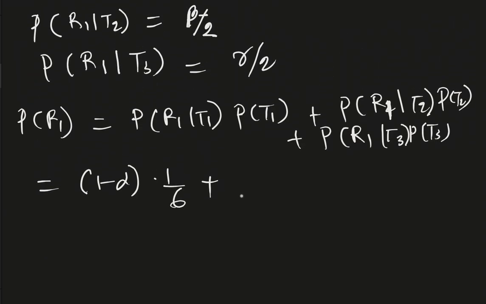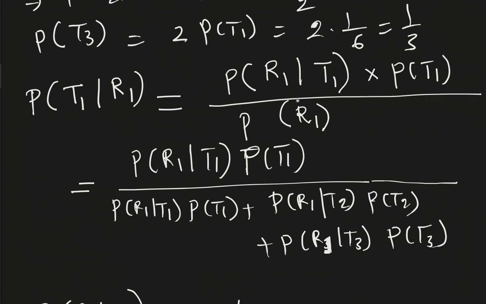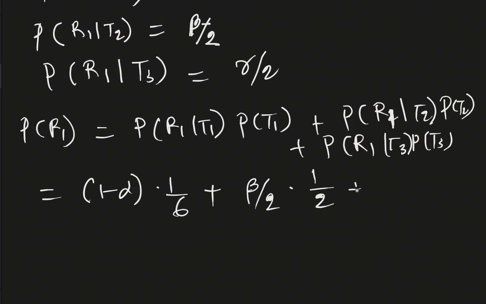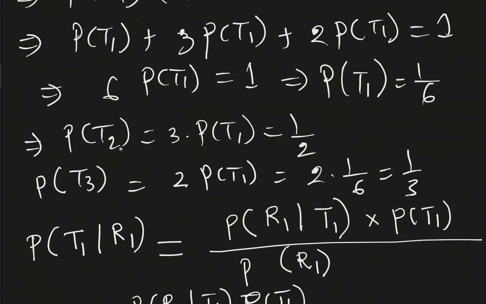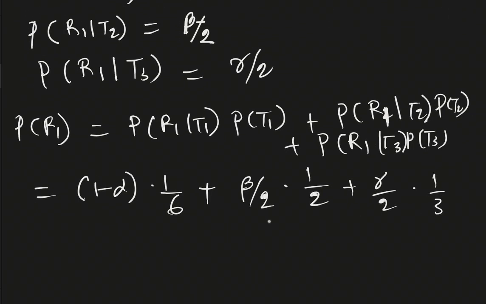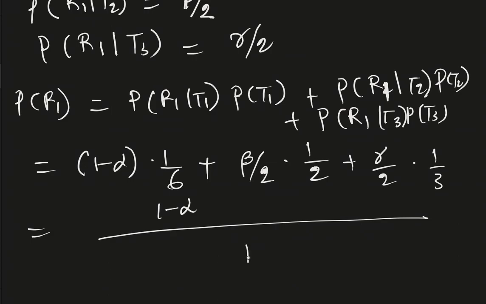This is beta by 2, and P(T2) is half, and this is gamma by 2. And what is the value of P(T3)? P(T3) is 1/3. So the common denominator is 12, and this will be 2 into 1 minus alpha plus 3 beta plus 2 gamma.